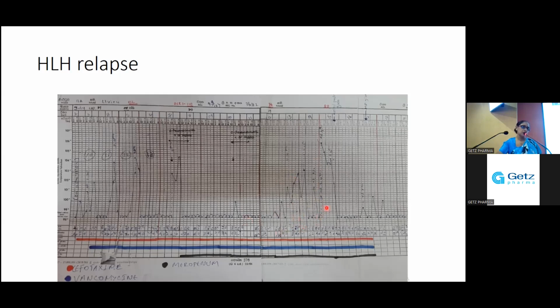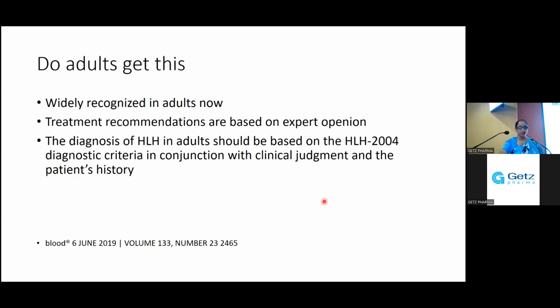But once one child succumbed because it took 4 days for a ferritin to be sent from the unit. It's not anybody's fault. I'm telling you these things because we need to experience these things. When fever comes for the second time when there was controlled macrophage activation, please always think of macrophage coming back, because everything else gives you time. Macrophage activation doesn't give you time.